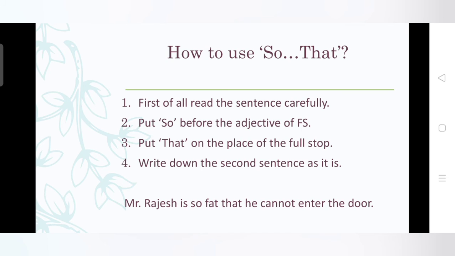Now look at the FS. Mr. Rajesh is fat. This is the first sentence. I should put the word so before the adjective of the first sentence. Mr. Rajesh is the subject, is is the supporting verb or helping verb. Fat is an object, but it is also an adjective.